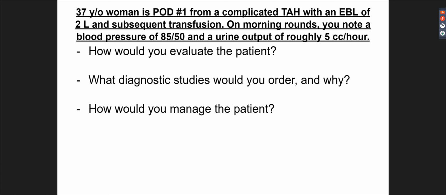If there was concern for ongoing bleeding, then I would consider serial CBCs if she was stable after transfusion, to evaluate if there was any need for intervention, which could include a laparoscopy or a laparotomy to evaluate for intra-abdominal bleeding to address that.